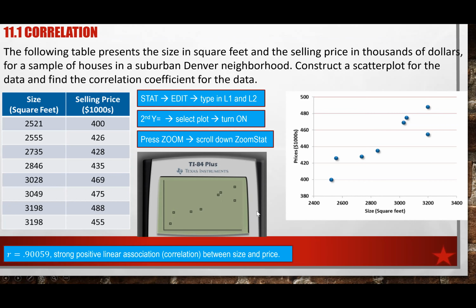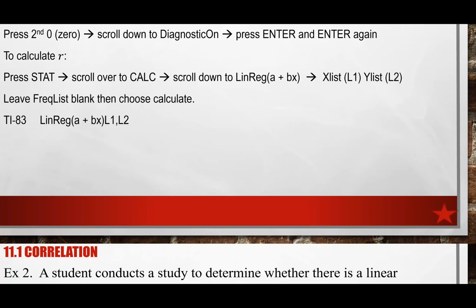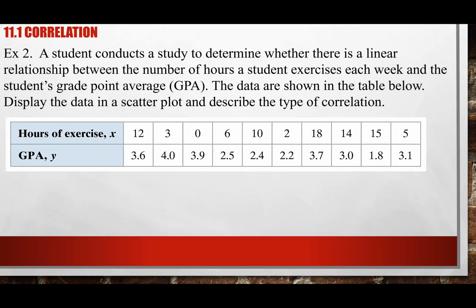Let's take a look at another example here. Let's say that a student conducts a study to determine whether there is a linear relationship between the number of hours students exercise each week and the student's grade point average. The data are shown in the table below.